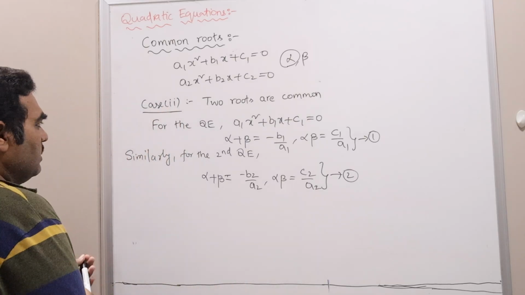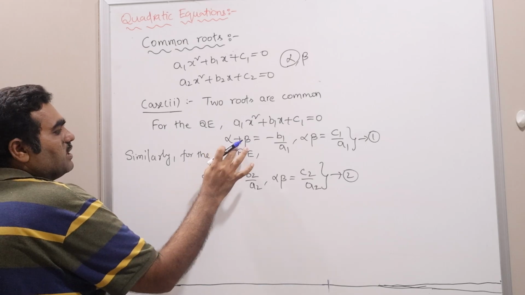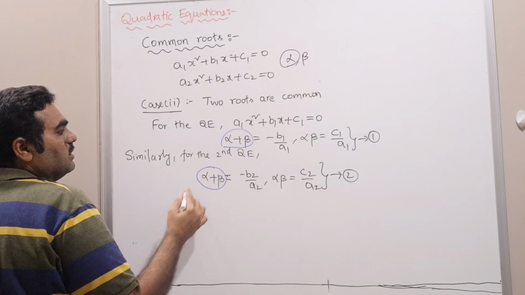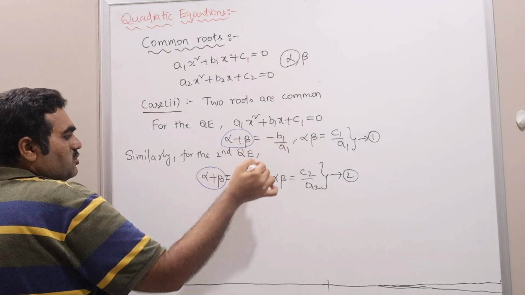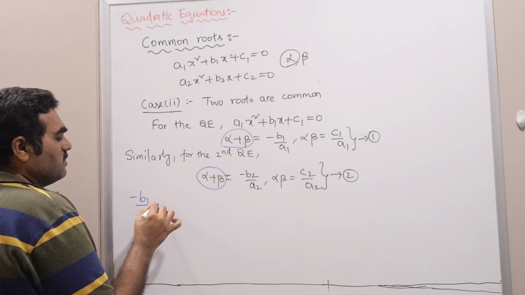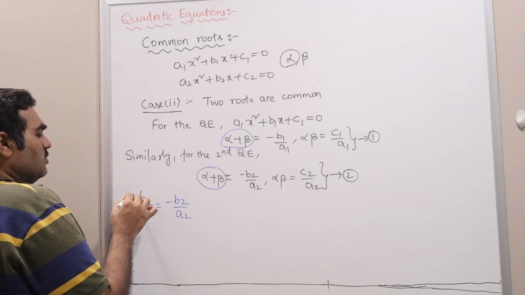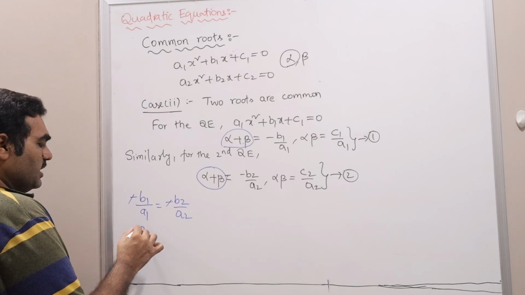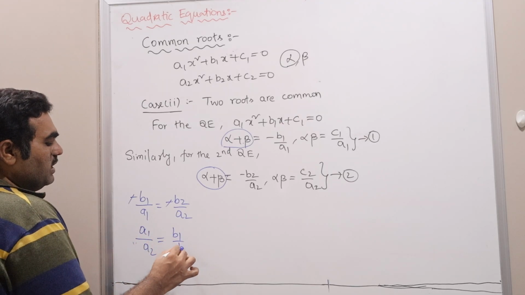So if I compare, here also you have alpha plus beta and here also you have alpha plus beta. So now if these two are equal, these two must be equal. So that means minus b1 by a1 is equal to minus b2 by a2. You can cancel the minus. So now I can rewrite this equation as a1 by a2 is equal to b1 by b2.